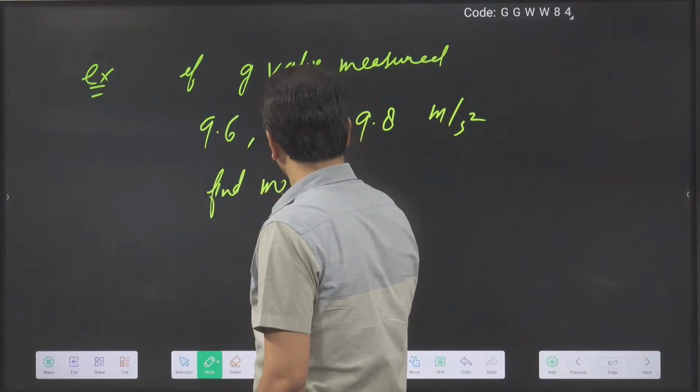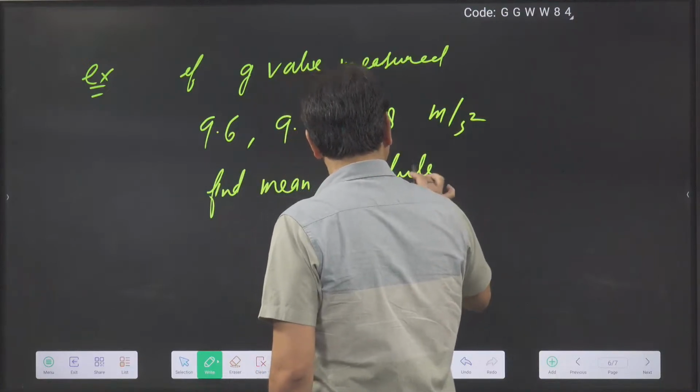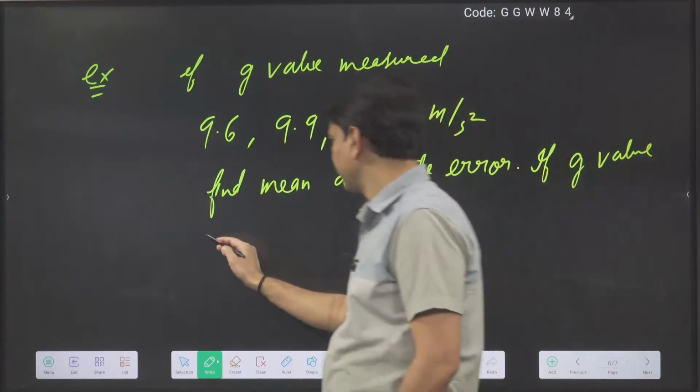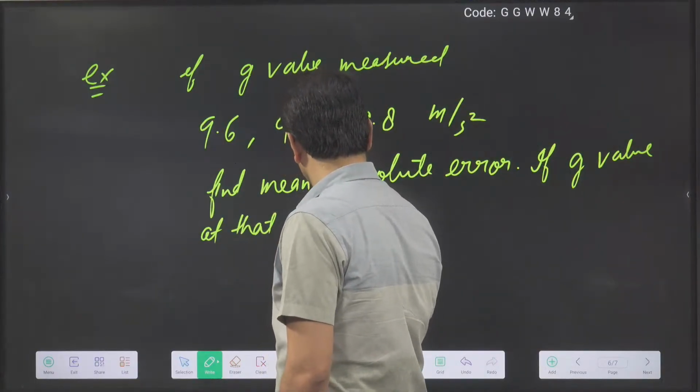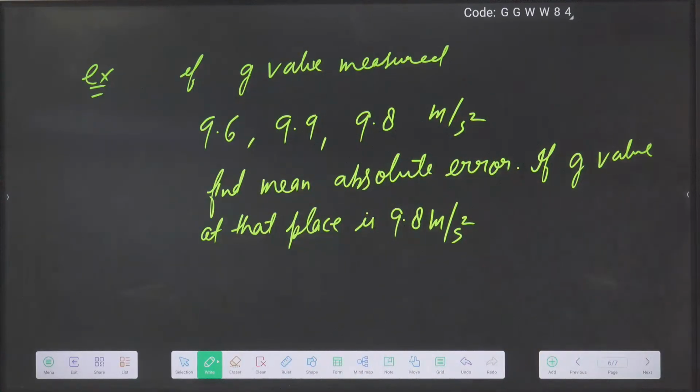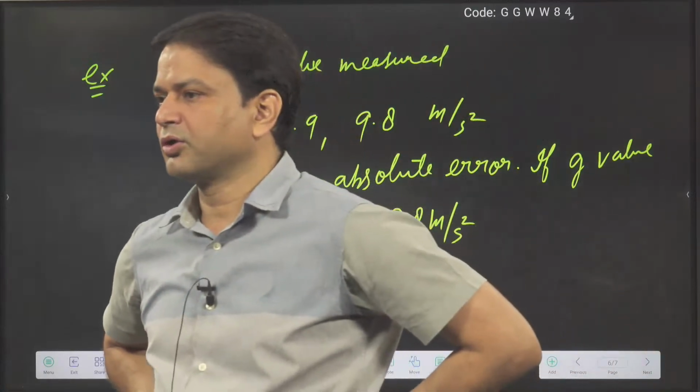Find the mean absolute error if the G value, very simple problem, at that place is 9.8 meter per second square. Tell fast. 0.1.